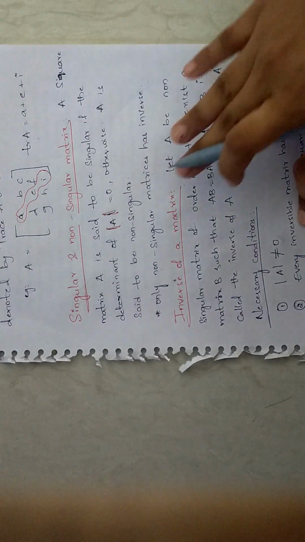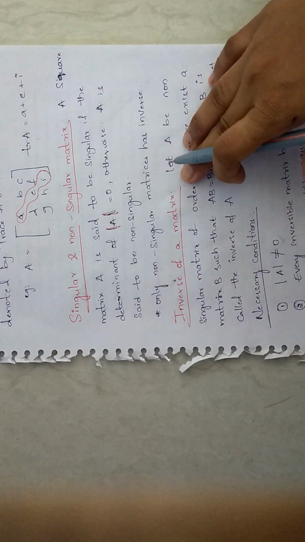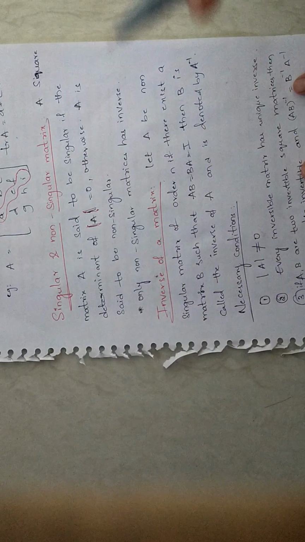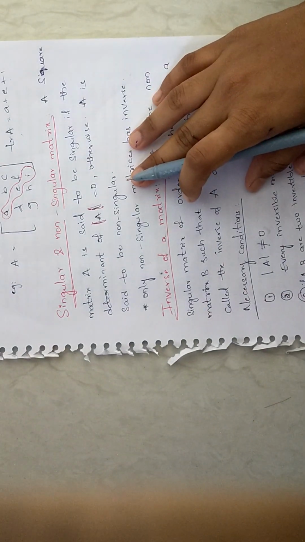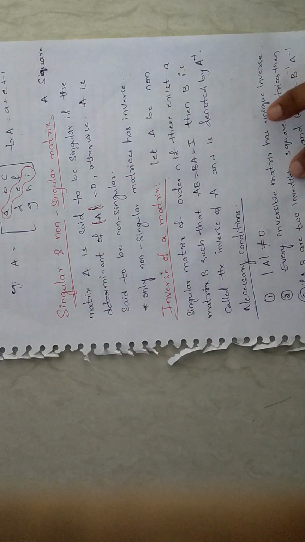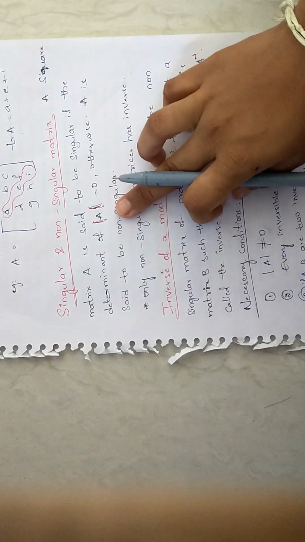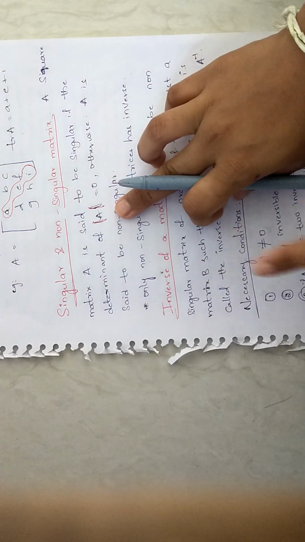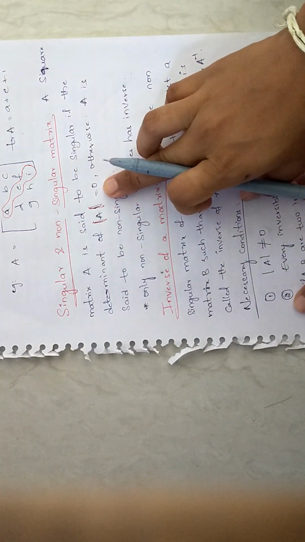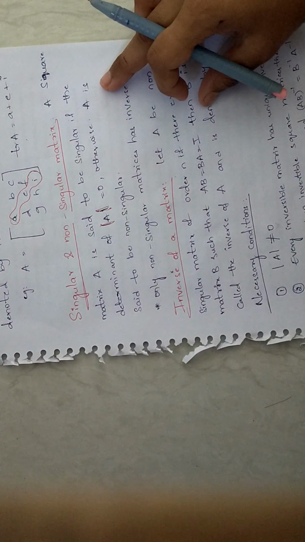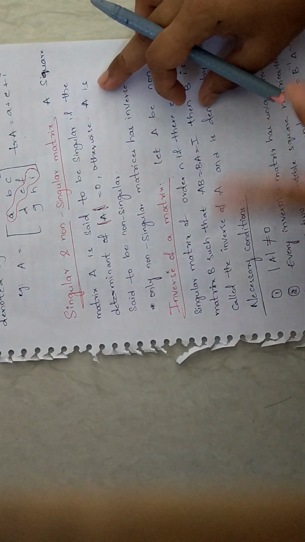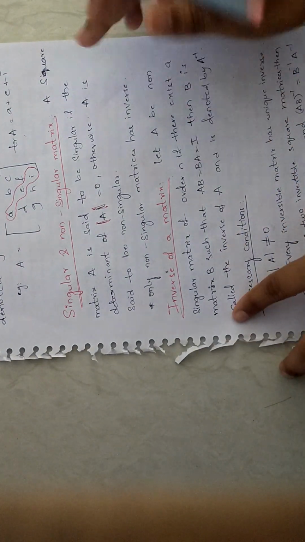We'll just see the theoretical concept here and I'll explain the complete procedure in the sums. In short, we'll call it det A. If det A is 0, then that particular matrix is singular. If not, it is non-singular.